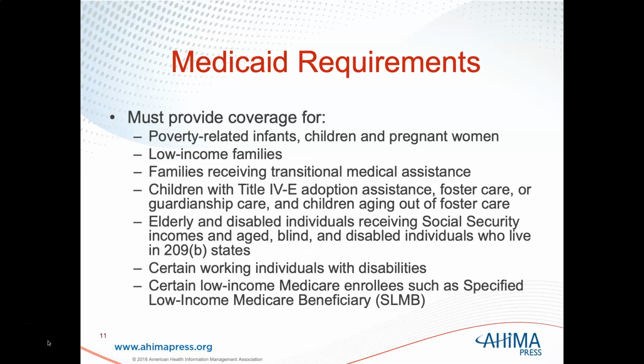Medicaid requirements, it covers poverty-related infants, children, and pregnant women, low-income families, families receiving transitional medical assistance, children with adoption assistance, foster care, guardianship care, children aging out of foster care, elderly and disabled individuals who receive Social Security incomes, aged, blind, and disabled individuals who live in 209B states, some working individuals with disabilities, and then some that are low-income Medicare enrollees.